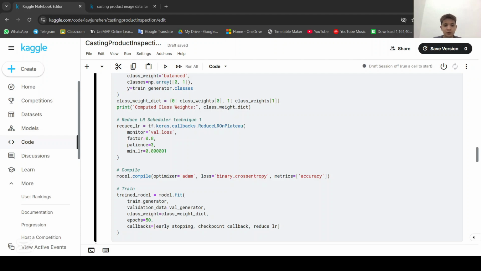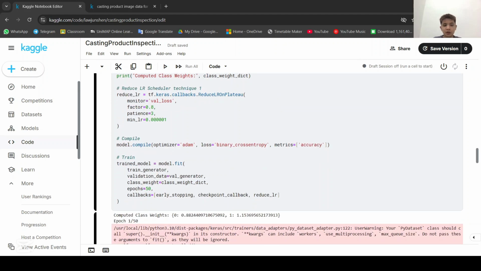After all, we compile the optimizer, loss and metrics to the model. The optimizer we use is Adam, and the loss we use is binary cross entropy. The metric we measure is accuracy.